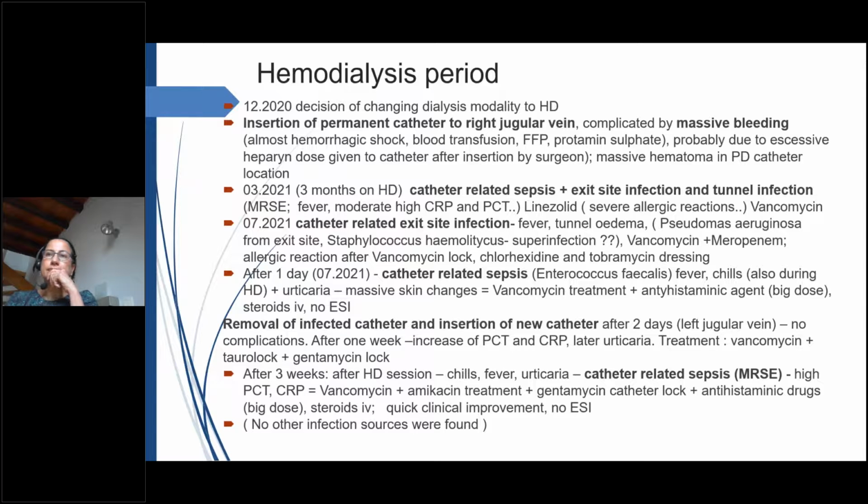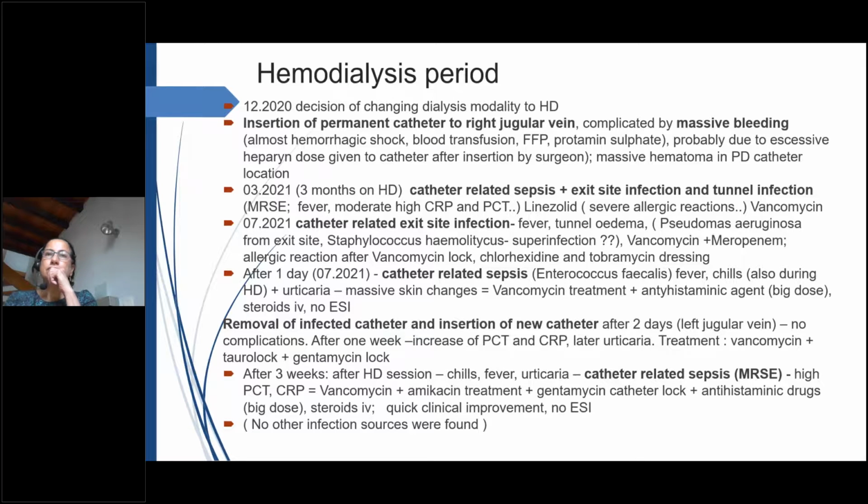But it was complicated by bleeding, but I think it was a surgical mistake, because they probably gave too big a dose of heparin intracatheter, which should go to the bloodstream, and that's why he started bleeding massively. But we treated him quite quickly, so finally he left our hospital with this permanent catheter.